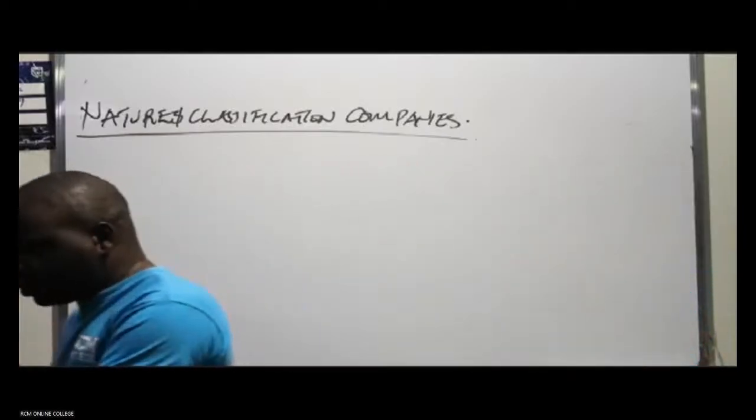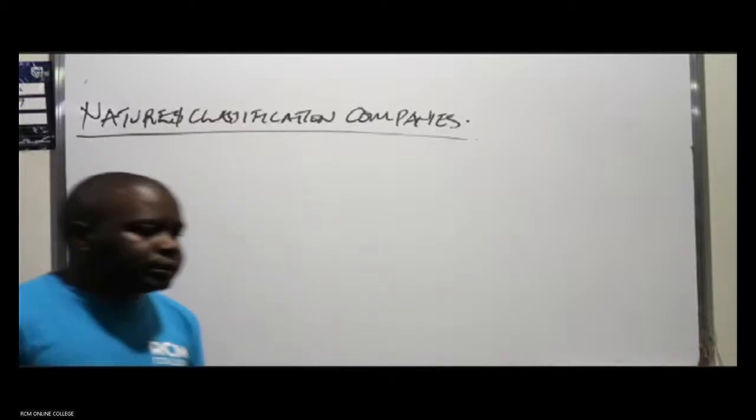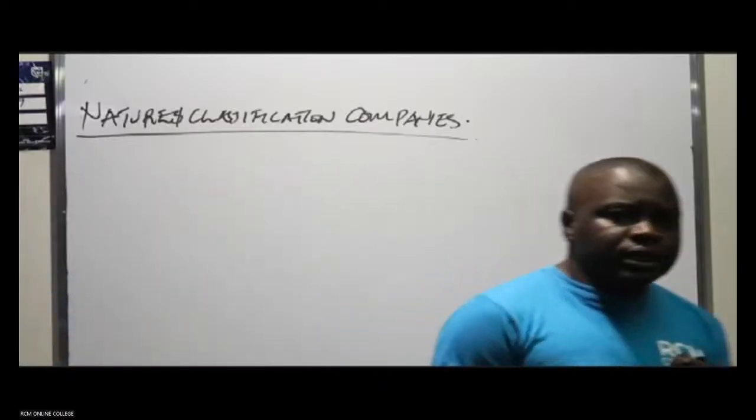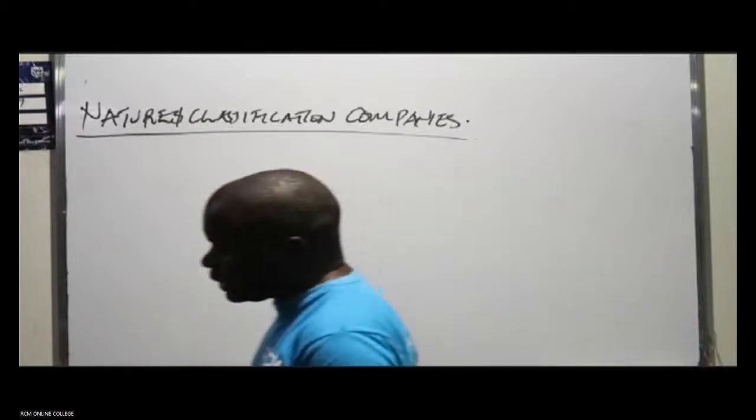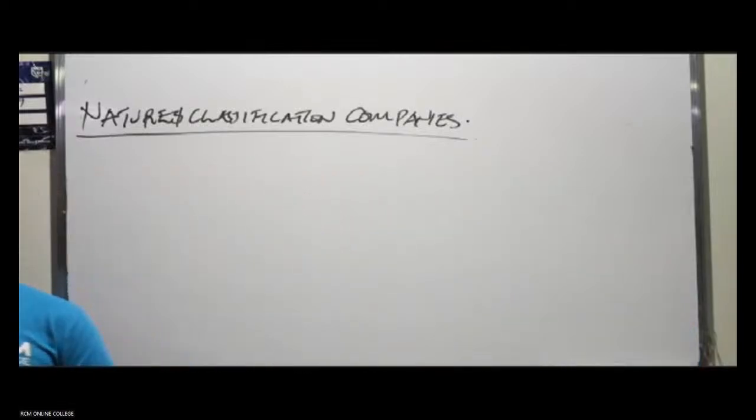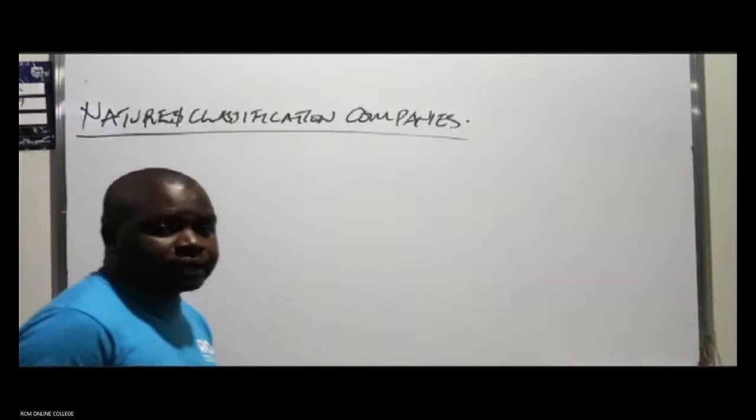We've already been able to introduce this topic, and we've seen what a company is. We've seen the features and characteristics of a company, and the different classifications of companies.